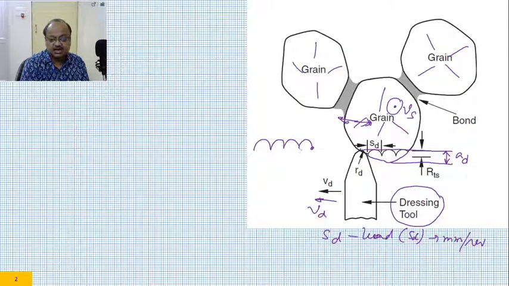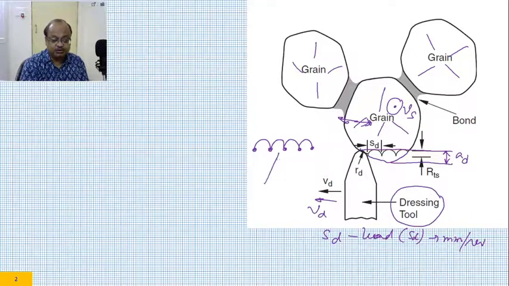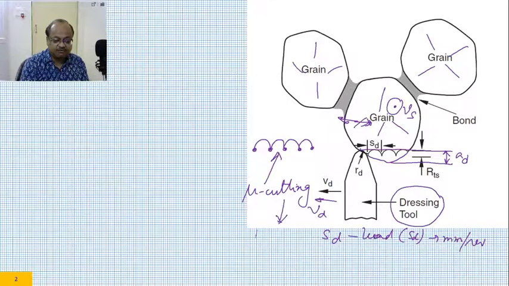So these are multiple cutting points which are getting generated so that these cutting points would be able to participate during grinding process and form chip. So when do you require this micro cutting to be effective? It is not for truing. It is not during truing. Truing it is not required. When is it required? It is required for dressing. Why do you require that?